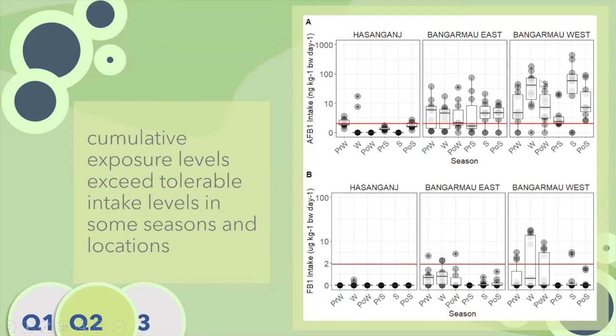Whereas in Bangarmau East and Bangarmau West, there were levels of dietary aflatoxin exposure that exceeded the tolerable daily intake level in every season. And in fumonisin, we did see some instances of exposures above the tolerable daily intake level, especially in Bangarmau West.